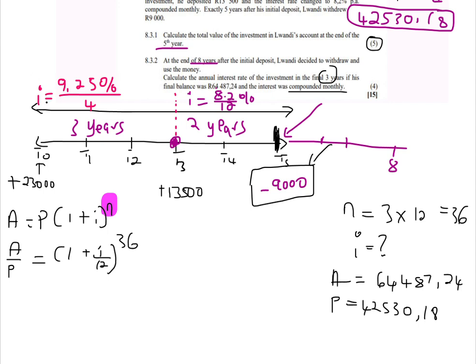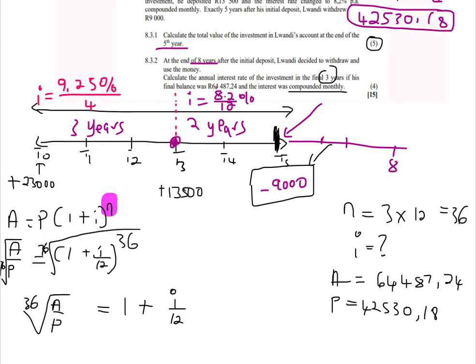Now to get rid of this power, I'm going to apply the 36th root to both sides. Even this side I'm going to apply the same. So it's the 36th root of A over P is equal to 1 plus i over 12.